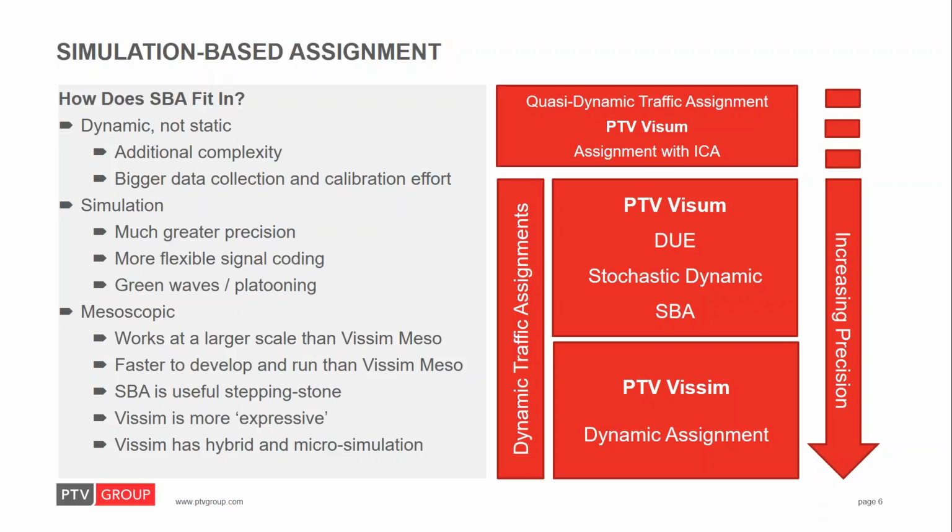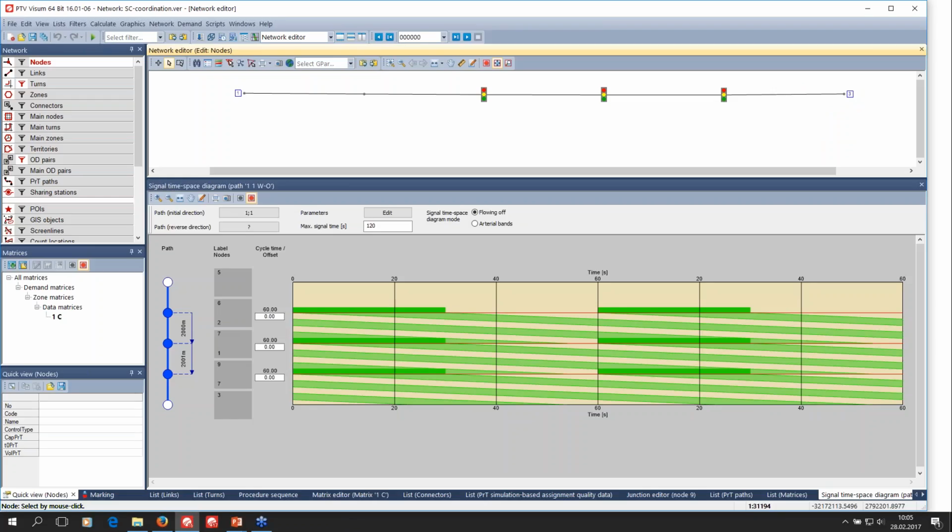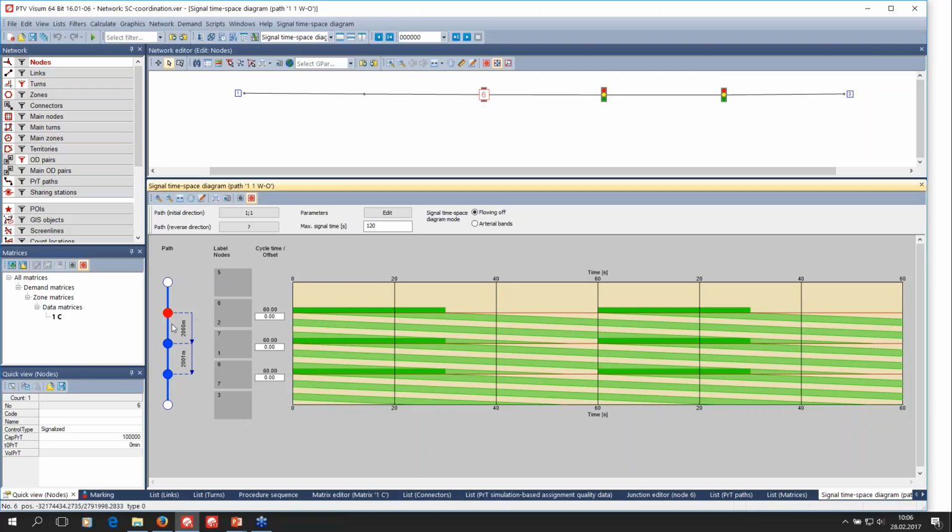So I will demonstrate this using two very small examples. So the first one shows the effect of signal coordination. Here we have a tiny network, which is a stretch of road, and the demand is 1,000 vehicles in 30 minutes driving in the eastbound direction. 3 signal-controlled junctions exist on consecutive nodes, each 2 kilometers apart.